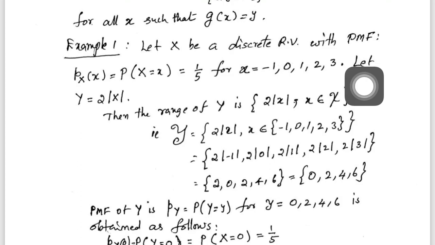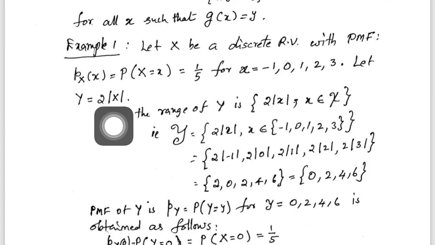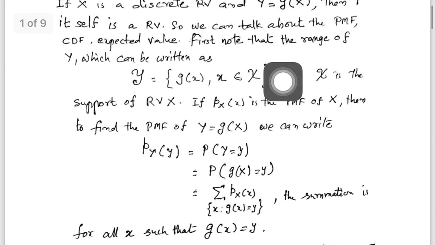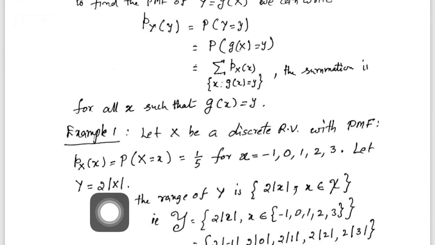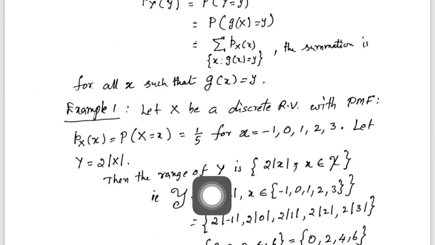And let us define a function Y is equal to g of X, which is equal to 2 times modulus of X. Here g of X equals 2 times modulus of X. You can use this notation. Then what is the range of Y?